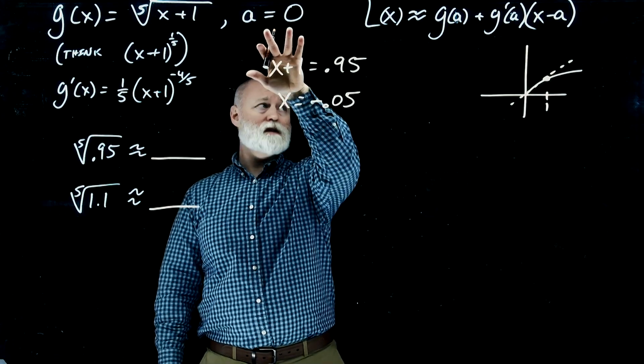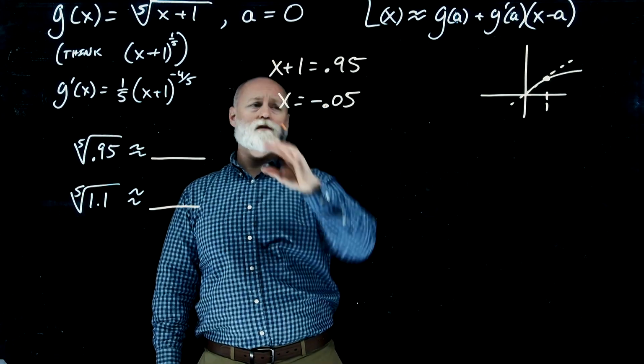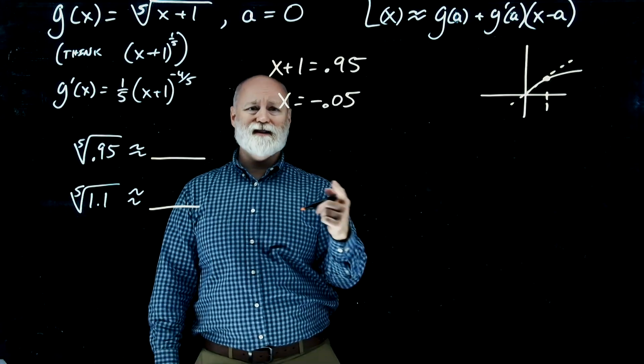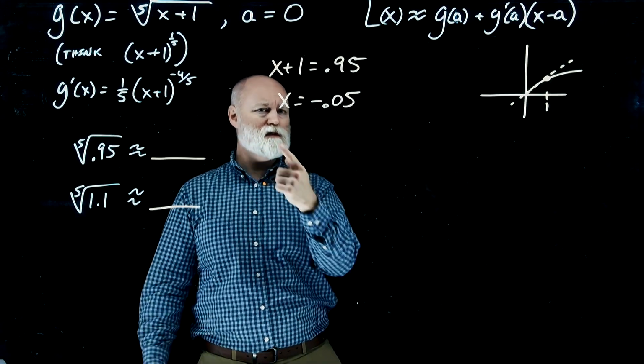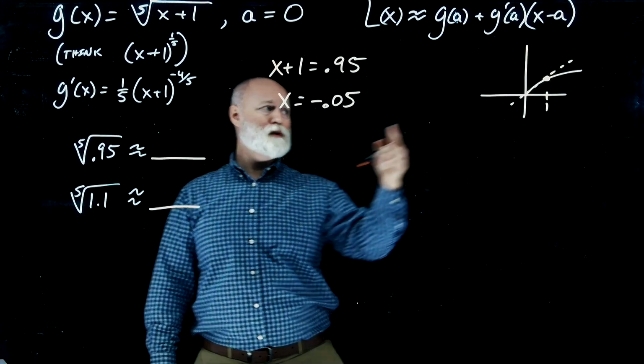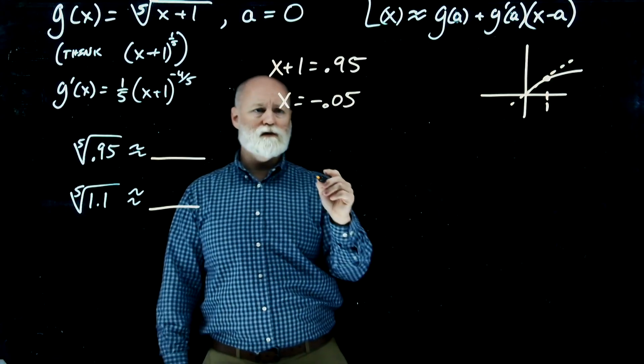Again, we go back and we say, well, why are we using a equal to 0? Well, because that makes the calculations a little simpler to do here, because that puts us really close to what we want to be dealing with.